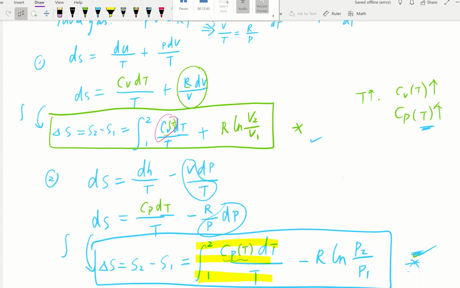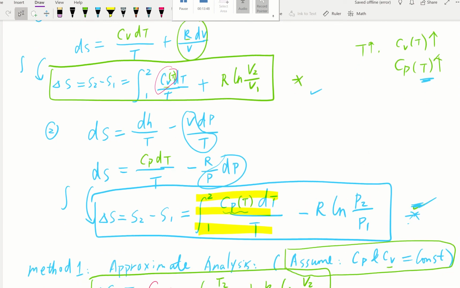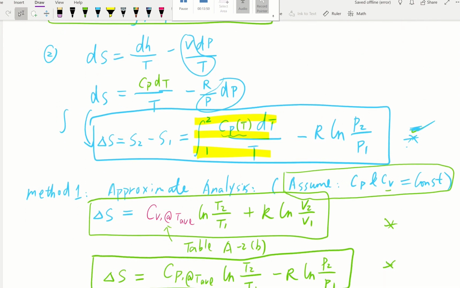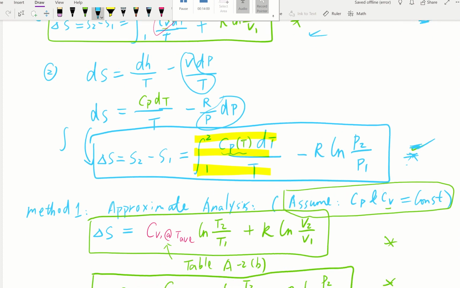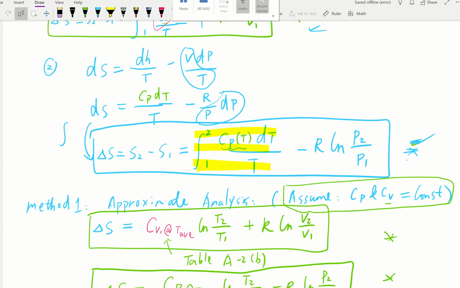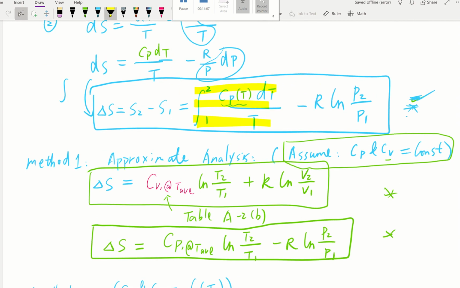We started with the TdS relationship, and when we derived it, we got those two formulas. But we're not satisfied with that. We continued to derive. We made two different methods. The first method assumes Cp and Cv, the specific heats, are constant. Here, we came up with those two equations.